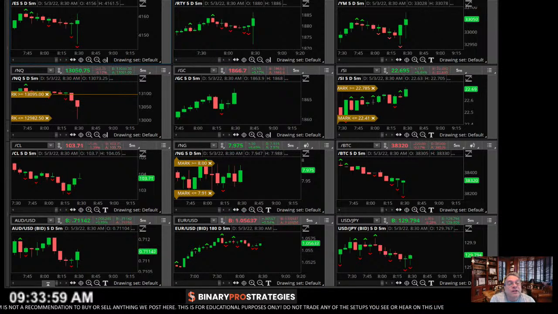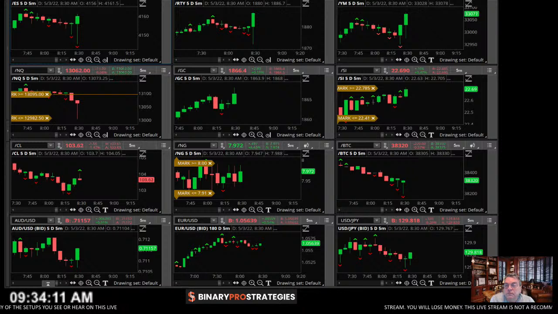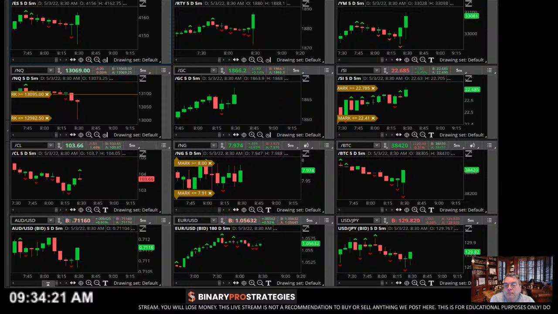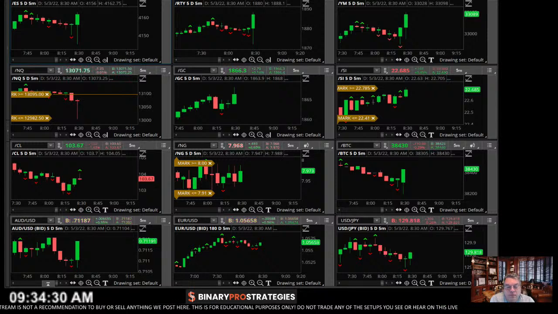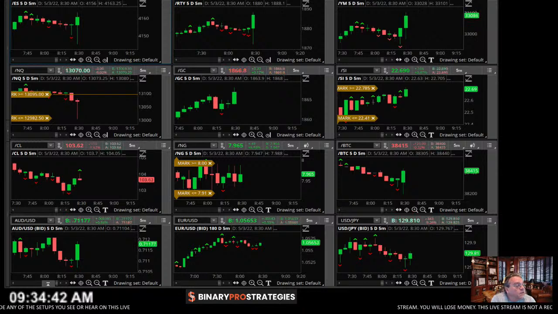Okay, getting a nice buy here on ES. Like this setup on the US 500. All right, target on the US 500 is going to bring us up to 4166.